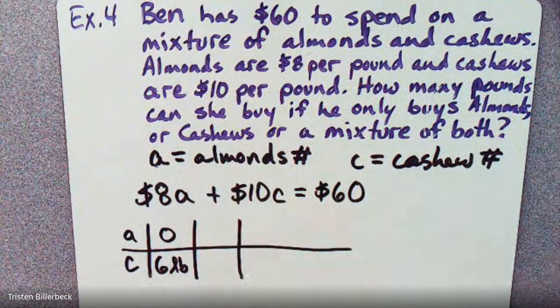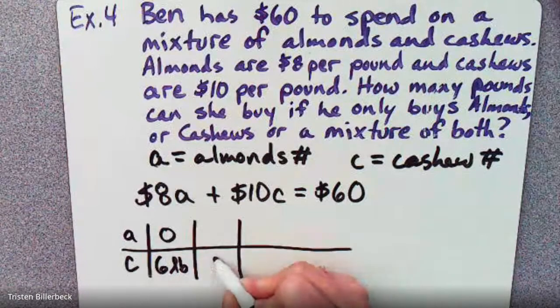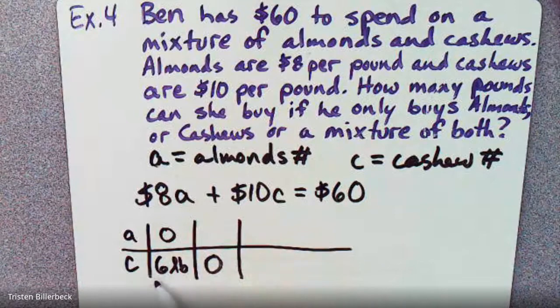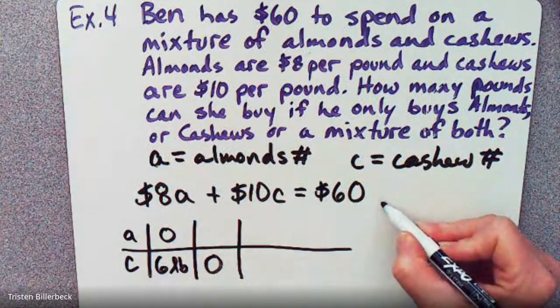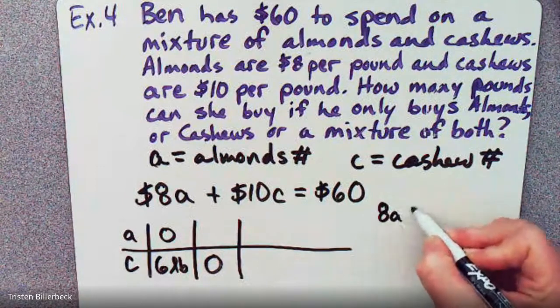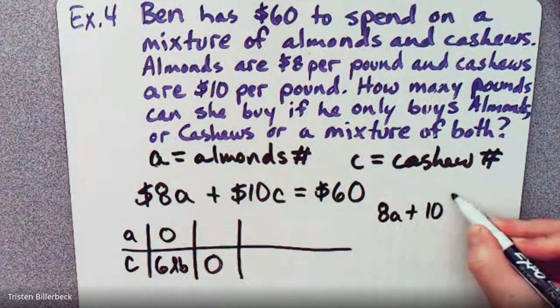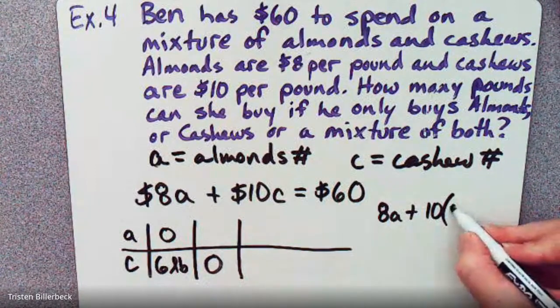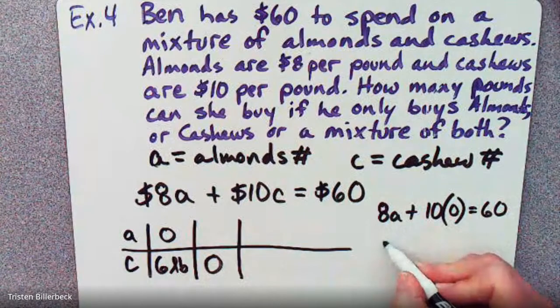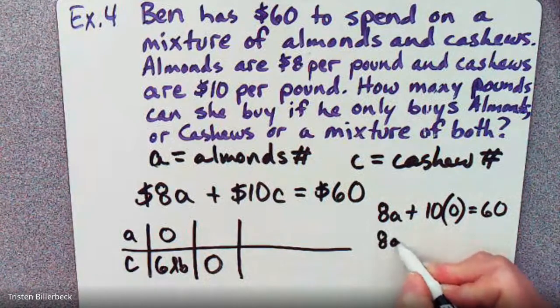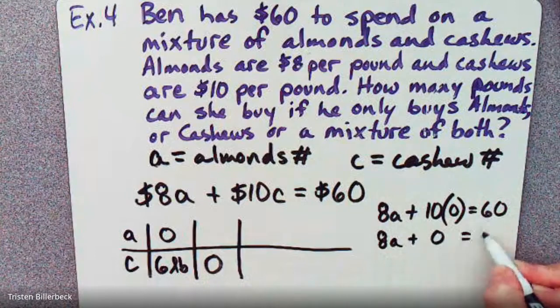Then it asks, what if you only buy almonds? Now we zero out the cashews. So we have 8A plus 10 times 0 equals 60, which is 8A plus 0 equals 60.